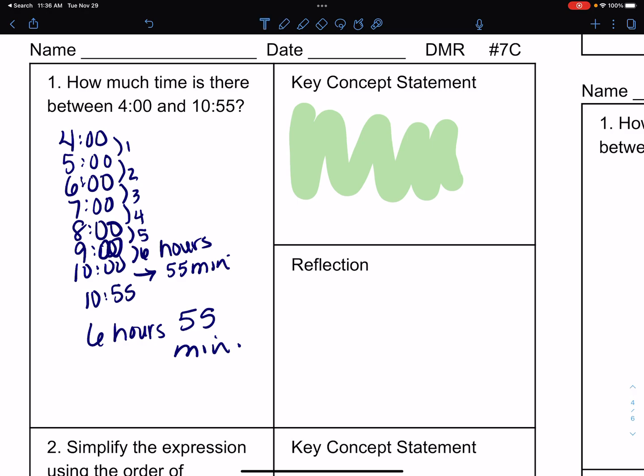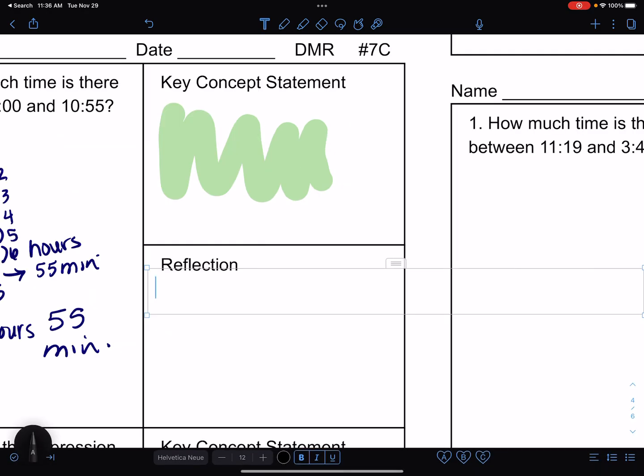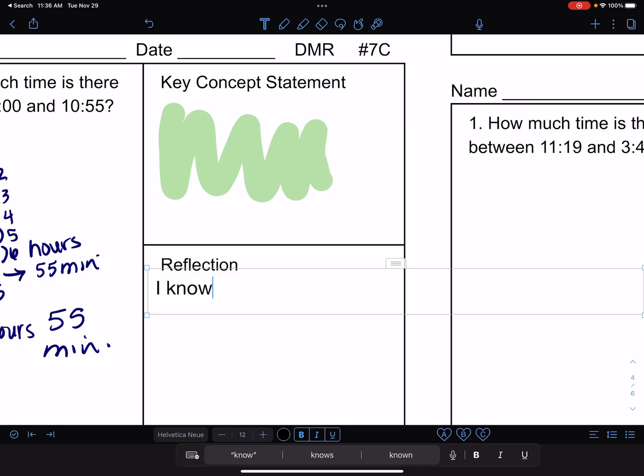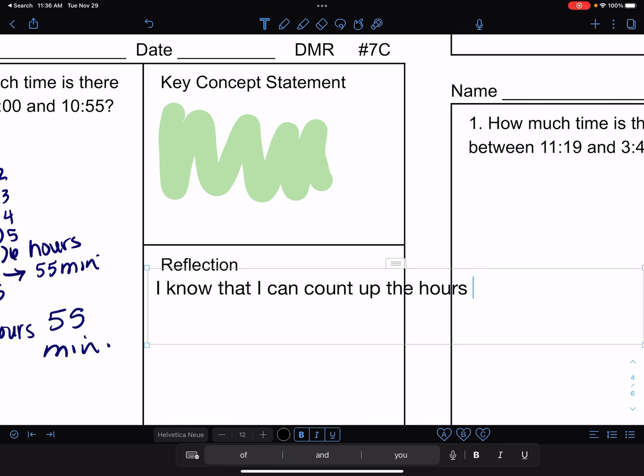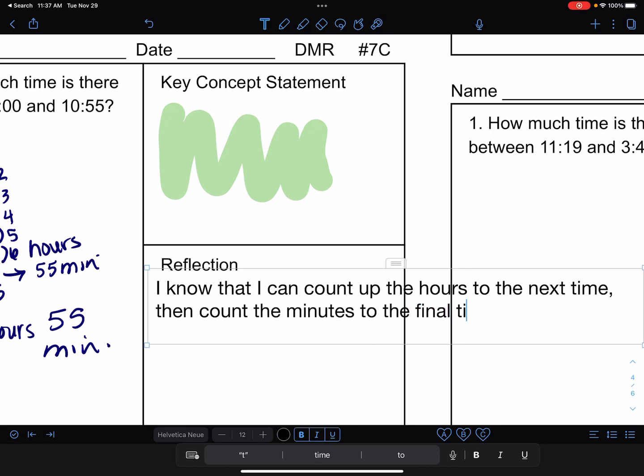Let's see if I can type this. I know that I can count up the hours to the next time, then count the minutes to the final time.